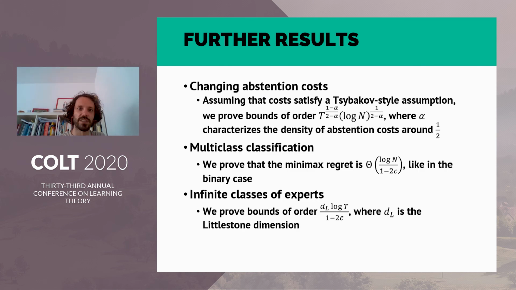We also have extensions to changing abstention costs, where we show that if the costs satisfy a certain Tsybakov-style assumption about their concentration around the threshold 1/2, then we get rates that interpolate between the slow rate of square root of T log n and the fast rate of log n times a constant, where this alpha parameter describes the empirical density of the abstention costs around 1/2. And we also have extensions to multi-class classification and infinite classes of experts.